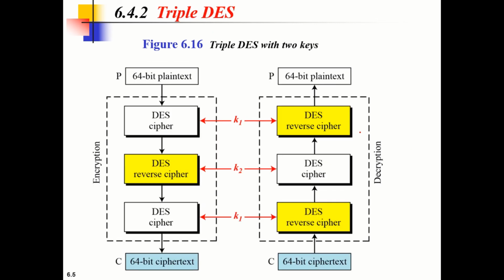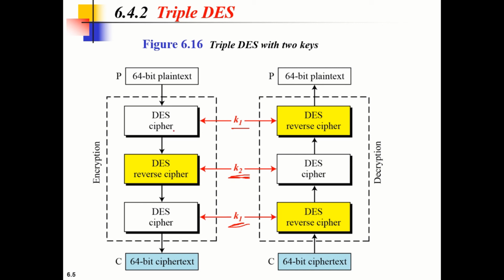Next, we have triple DES. I told you that we have 2 kinds of it. One kind makes use of 2 keys, and it repeats 1 key. So here we can see that it is making use of this K1 2 times, and this K2 is being used only 1 time.